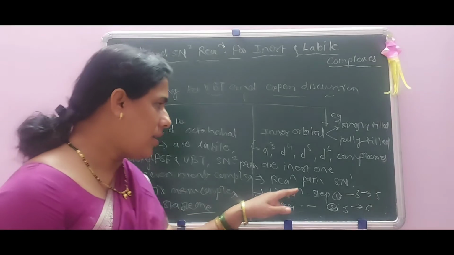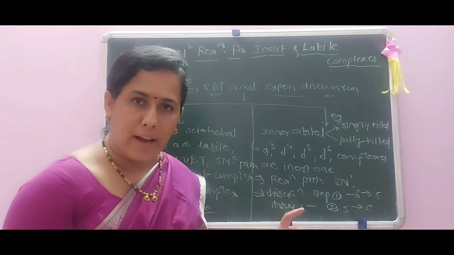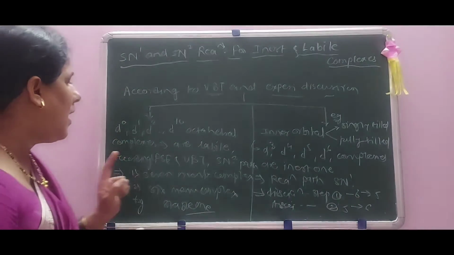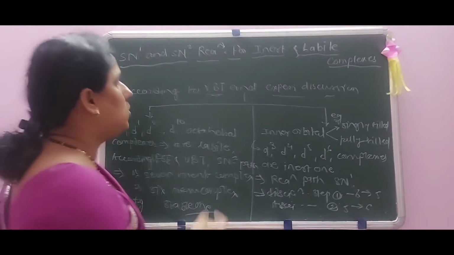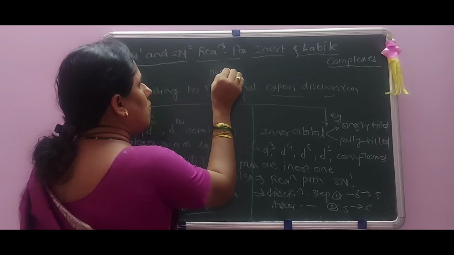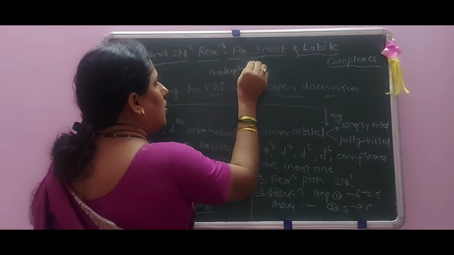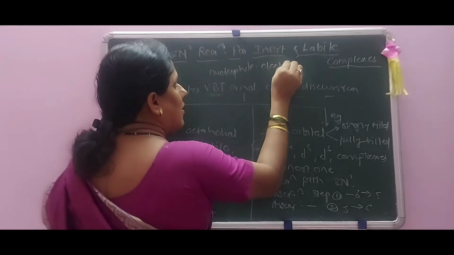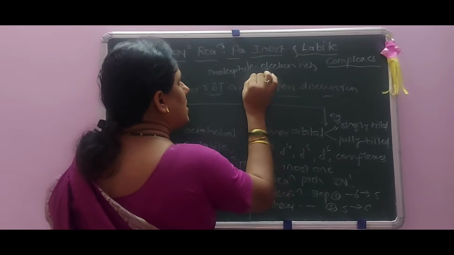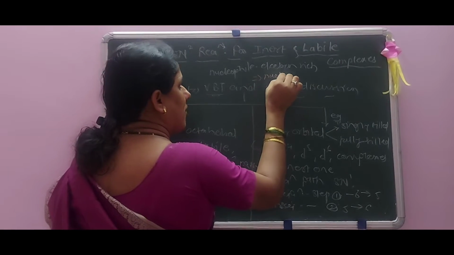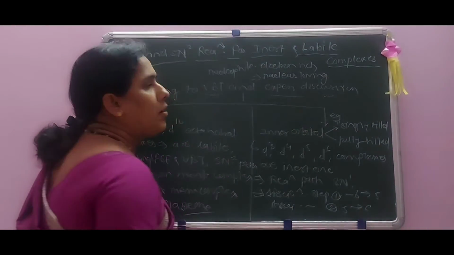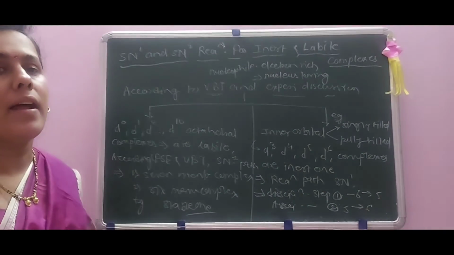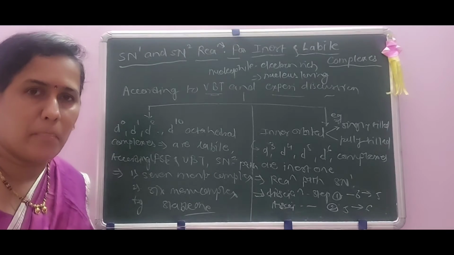Now in these SN1 and SN2 reactions, whatever nucleophile is used, the nucleophile is electron rich and nucleus loving. According to its nucleus loving nature, it can also act as a Lewis base.